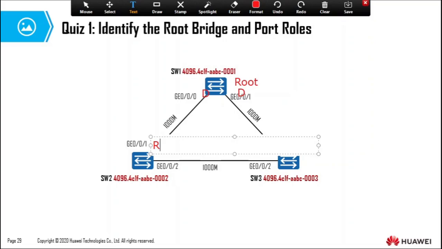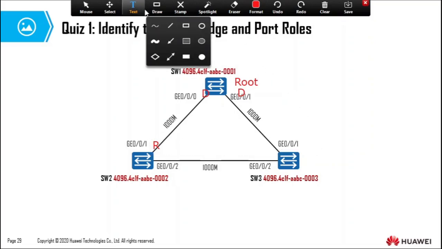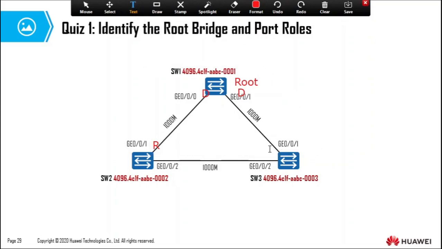The root, right? And G001 on switch 3, what will be the port role? Root, right? Because they offer the shortest distance to the root bridge.